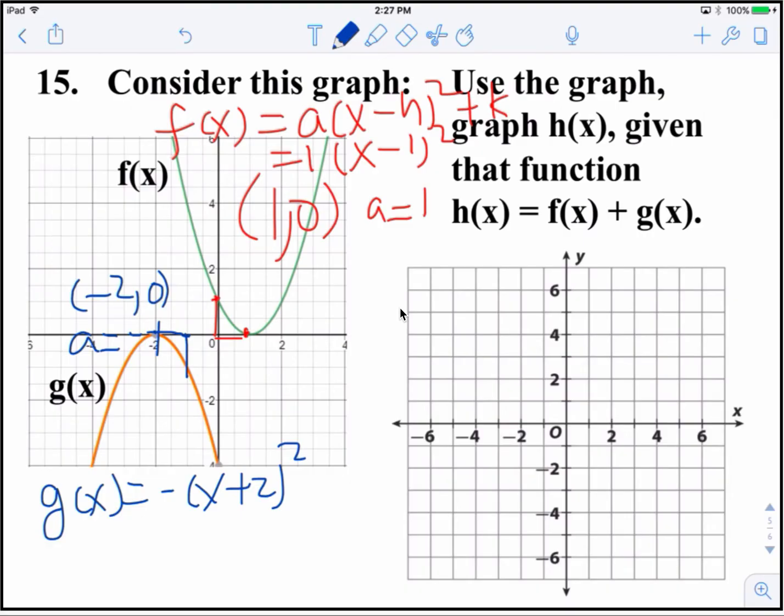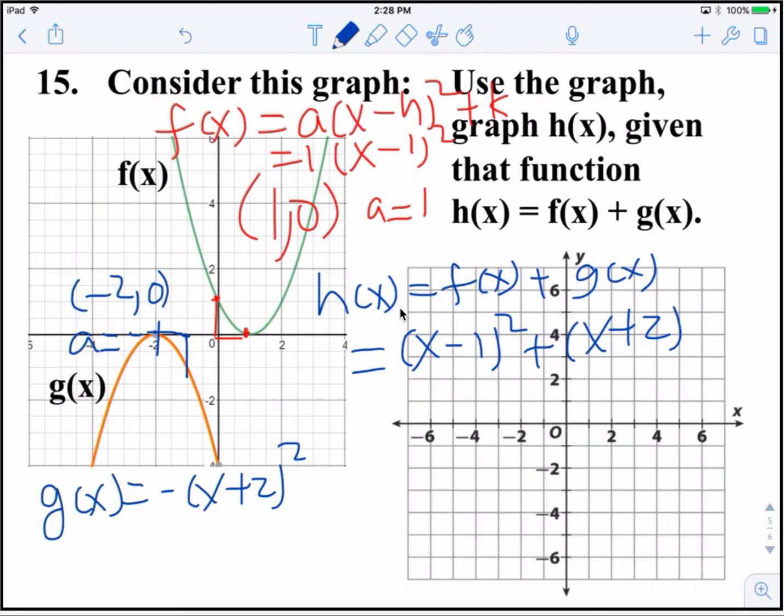Right, and we want our h of x equal to the function f of x plus the function g of x. So this gives us x minus 1 squared plus x plus 2 squared, which gives us x squared minus 2x plus 1 plus x squared plus 4x plus 4.